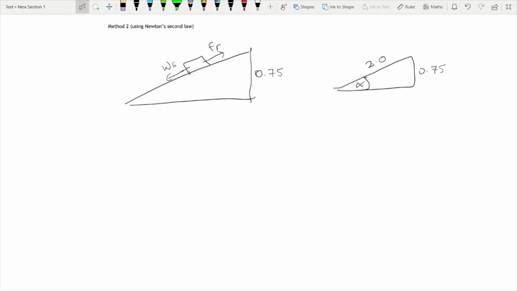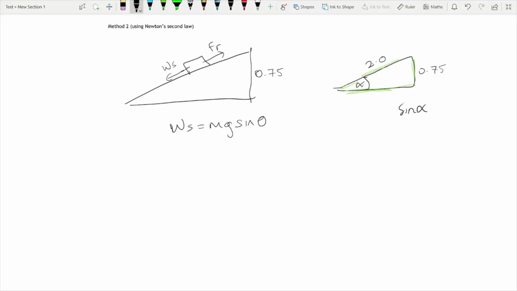I've also drawn at the side a triangle with the measurements on, because to find the component of weight down the slope, we know that Ws equals mg sine theta, so we need that angle. To find that angle, we can just use trigonometry.